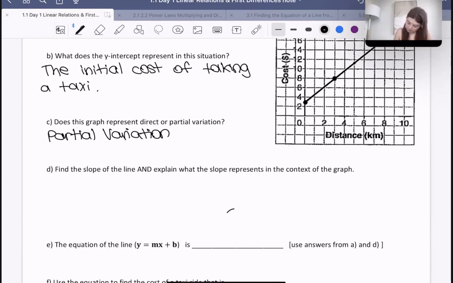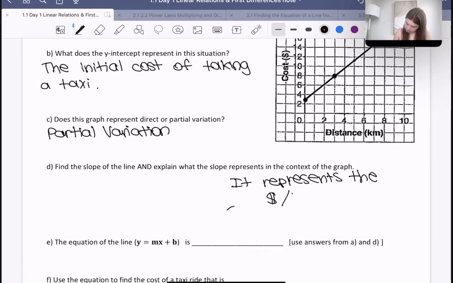So it represents the dollars per kilometer, or I should just say cost per kilometer. There we go.